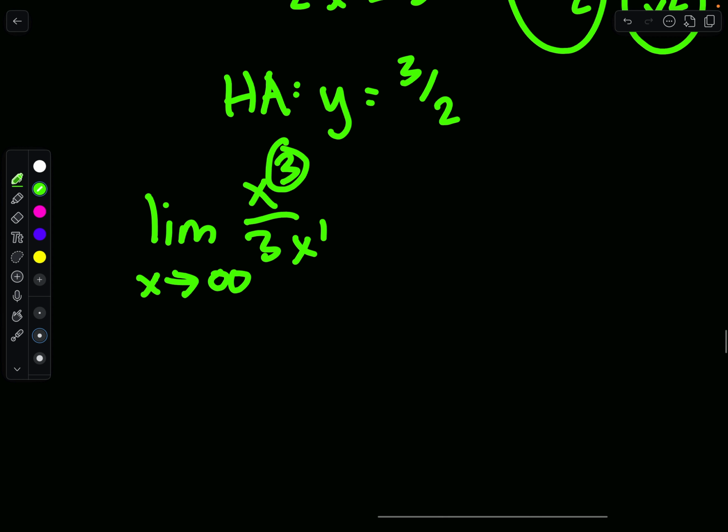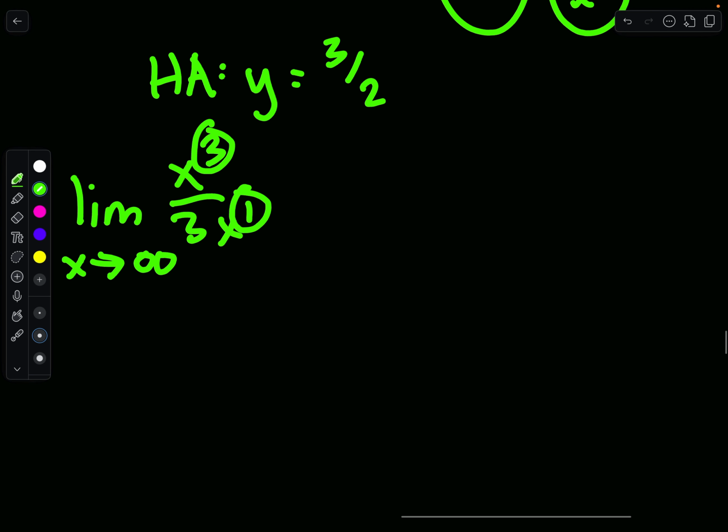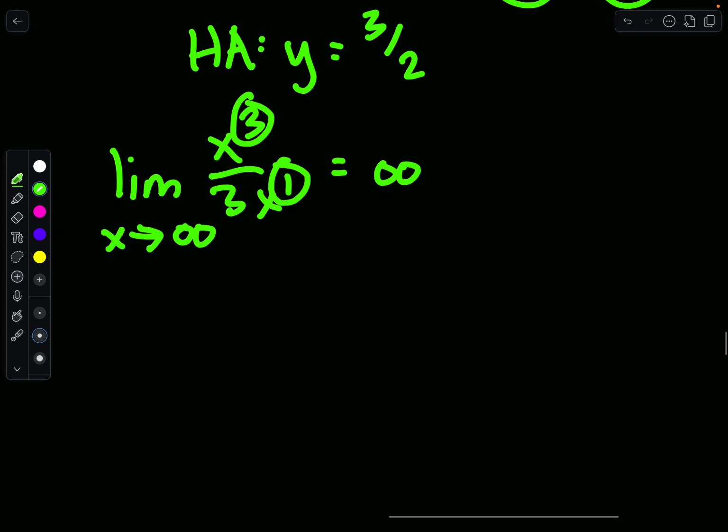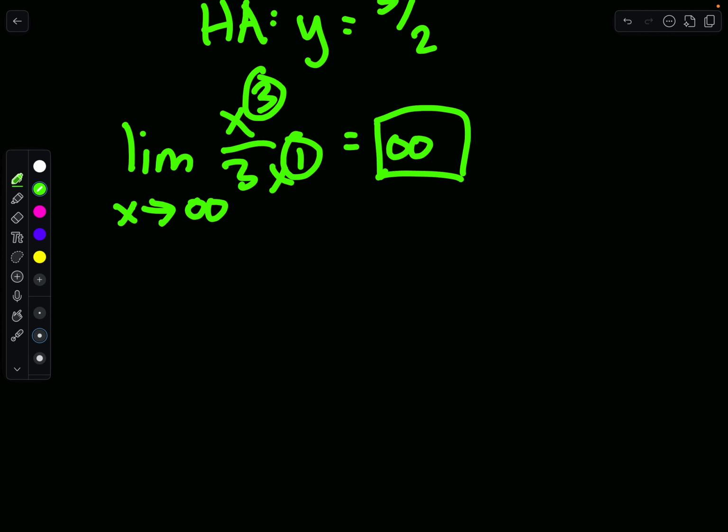Here, this 3 is going to be greater than this 1. So if the numerator grows faster, then the function shoots off to infinity. This means that this limit is equal to infinity. Now this often leads to slant asymptotes, which we'll cover later.